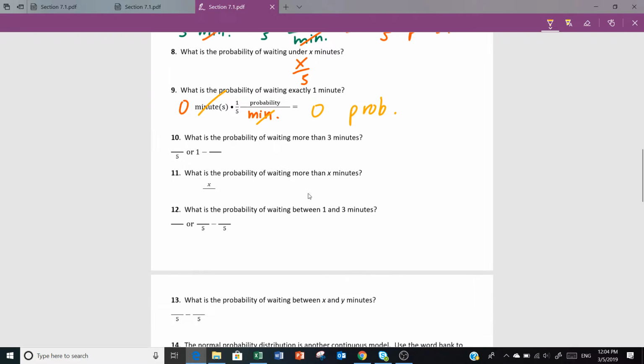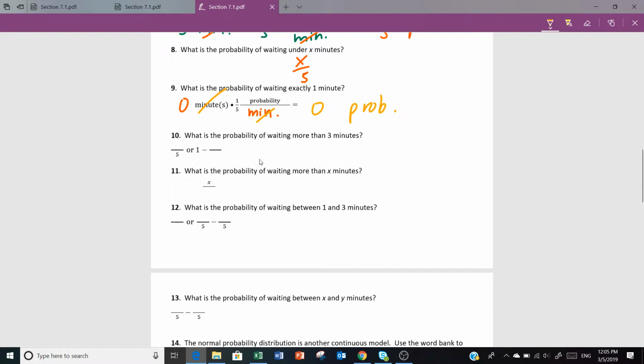Okay, let's see if we can now do some of these more-than questions. So let's try 10 and 11. What's the probability of waiting more than 3 minutes? And let's see if we can rewrite it as 1 minus something. Yes. Wait, just to clarify one more time, if you want the probability of something on a continuous graph, if it's one exact specific number, it's going to be 0.